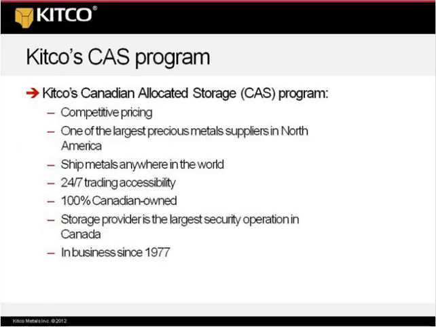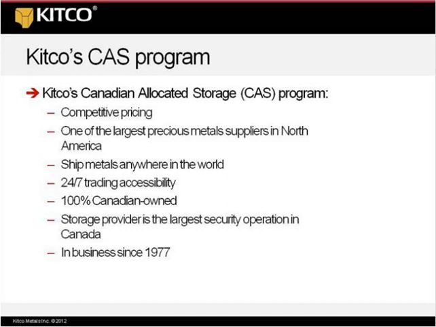Kitco's program offers competitive pricing, external audit control, and online monitoring of your positions. We are the largest metals supplier in North America to the retail market. We have global logistics reach. We can ship your metals anywhere in the world. We have access to products at source.